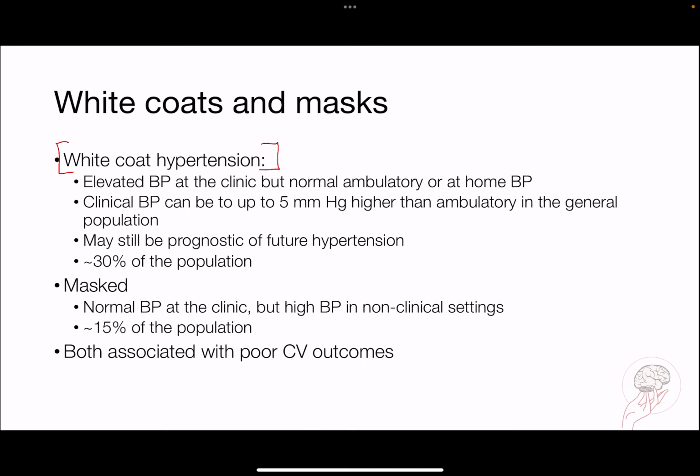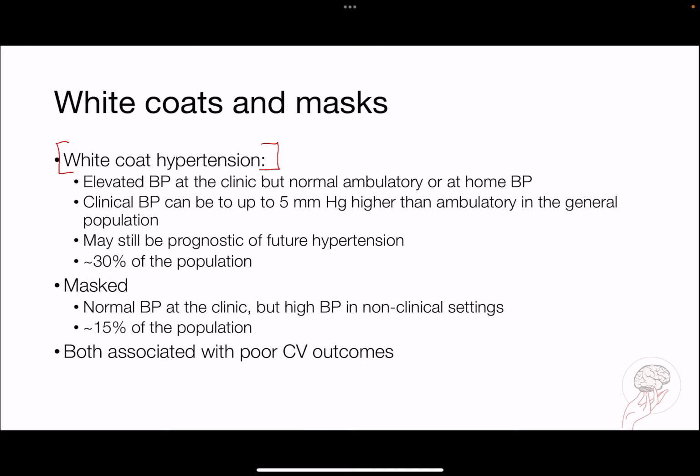Clinical blood pressure can be up to 5 millimeters of mercury higher than ambulatory in the general population. But even if this elevated blood pressure is only at the doctor's office, it may still be prognostic of future hypertension. So it's still a risk factor.